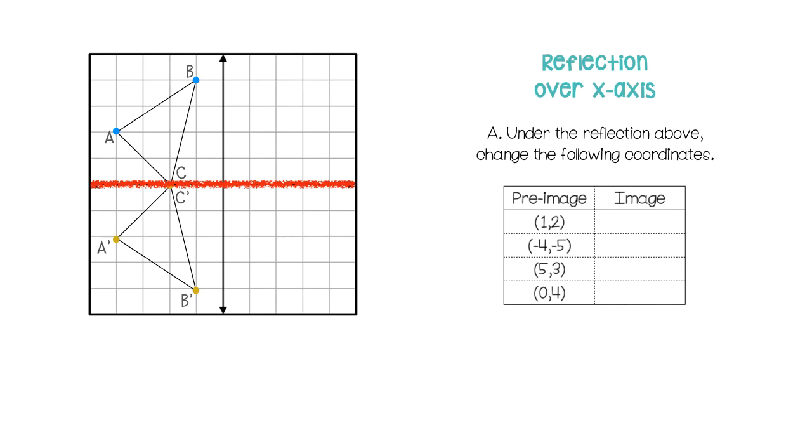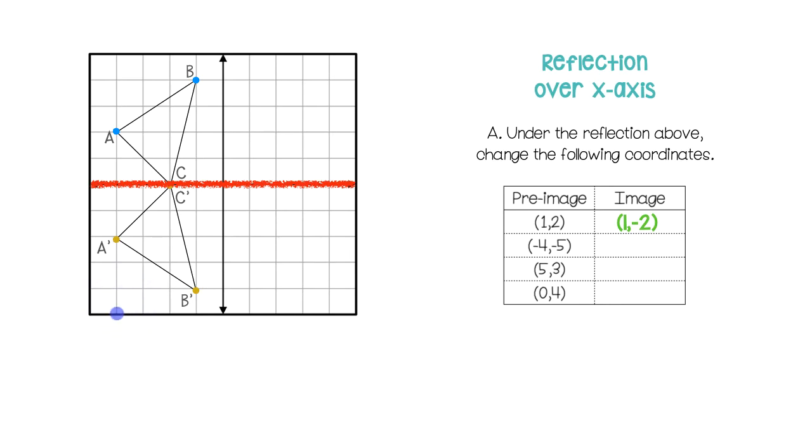Let's take a look at some other ordered pairs and see what they would become. So if I have (1, 2), that's 2 above the x-axis, so I want to go 2 below the x-axis to get (1, -2).